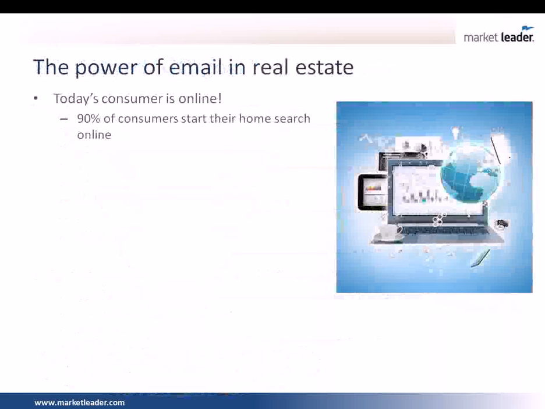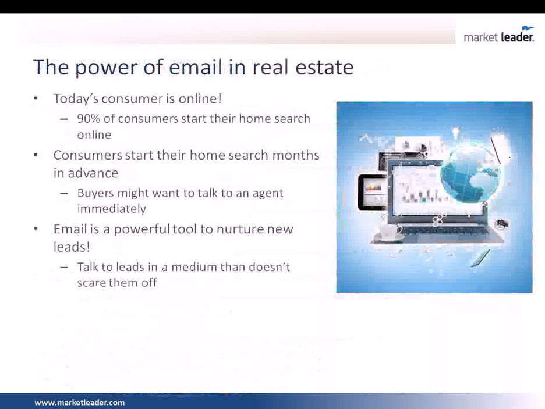Now, the power of email. If we know that 90% of consumers are searching online for pictures and details about homes or the value of their home, then 90% of your emails that you send to someone should be about what?